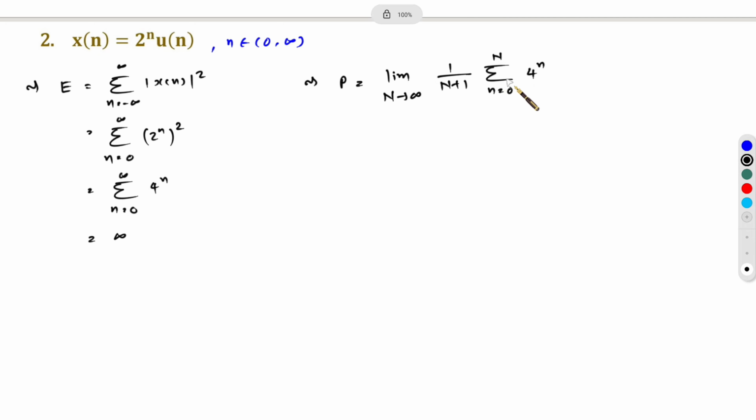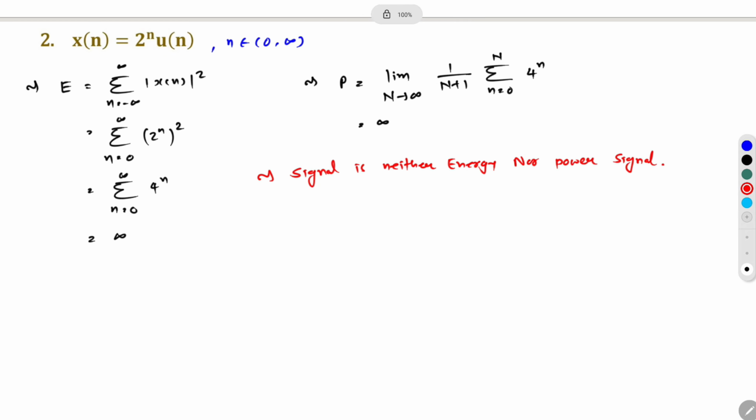If this summation is infinity, then obviously this power will also be infinite. What it means is that this signal is neither an energy nor a power signal. So that is how one can understand calculation of energy and power.